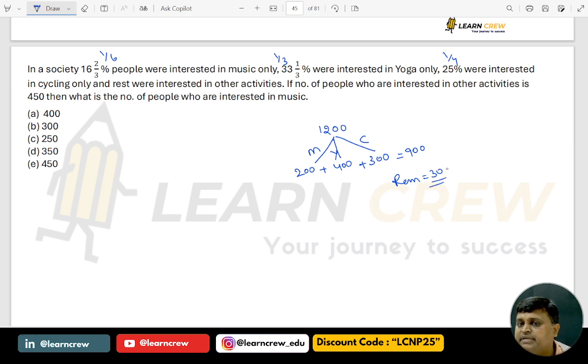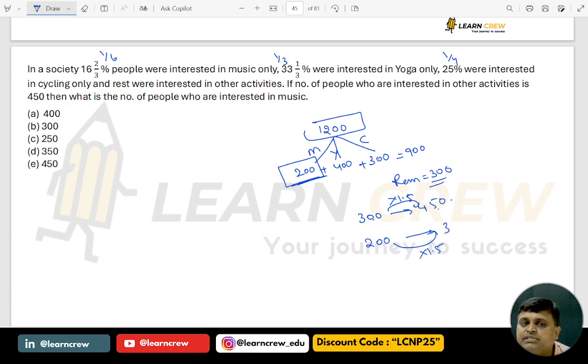Other activities are 300, but as per the question it is given as 450. So what is the number of people interested in music? 200. If 300 becomes 450, which is multiplying by 1.5, then 200 times 1.5 is 300. So the answer is 300.